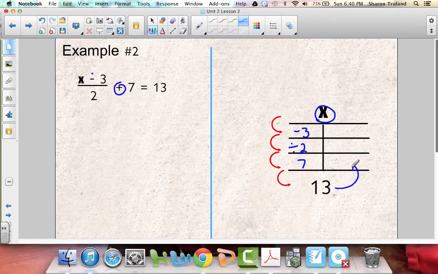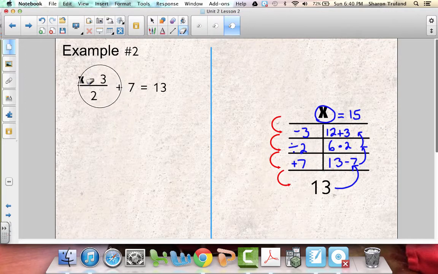Well, now let's work backwards. 13, oops, I should have written a plus here. 13, let's inverse that adding 7, which means we're going to minus 7, which gives us a 6. And instead of dividing by 2, we're going to inverse that and multiply by 2, which gives us 12. And we're going to inverse the -3, in other words, we're going backwards, so we're going to add 3, which means x should be 15.